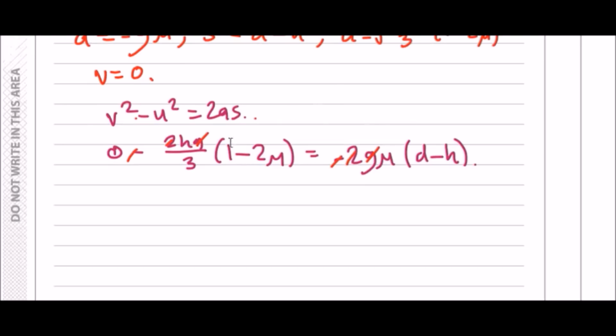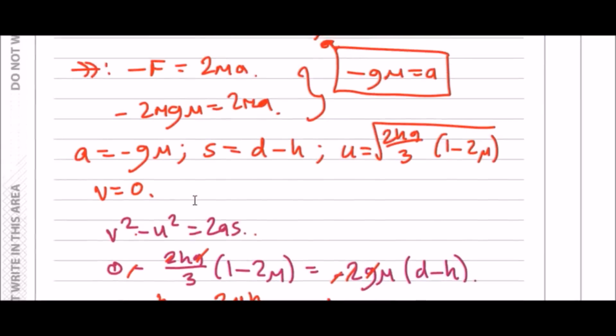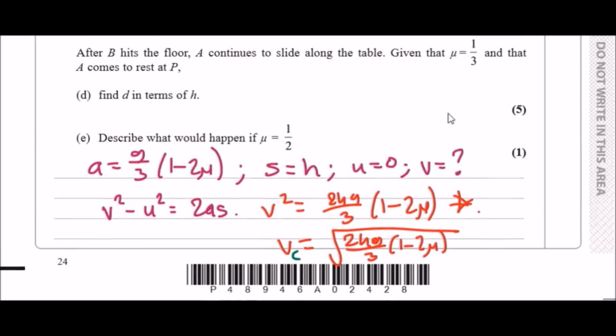So let's expand. On the left side, expand the bracket: h over 3 minus 2 mu over 3 h, I can't forget that, equals, and then here we have mu, so it'll be mu d minus mu h. Oh yeah, I forgot, mu is also 1 over 3.